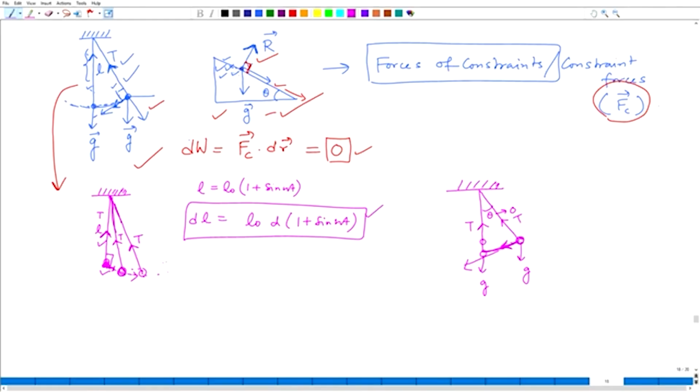So, the particle should go like this, whereas the particle should go like this, then of course you understand that this displacement direction is no longer 90 degrees or perpendicular to the direction of the tension. And that is why your force of constraint is no longer perpendicular to the direction of the displacements in both these cases, where the length of the string is changing explicitly with time.